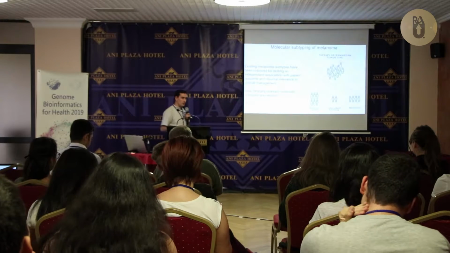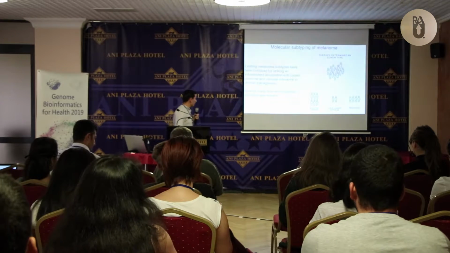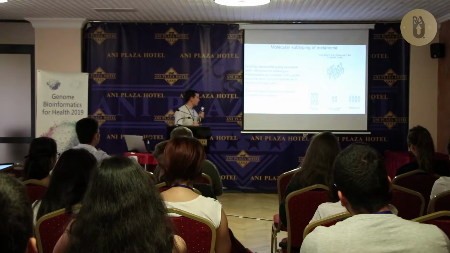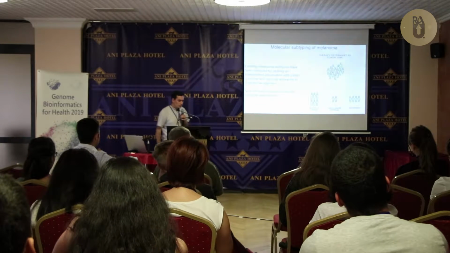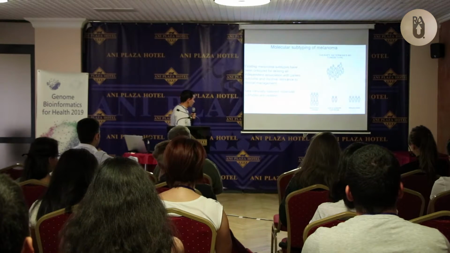Our colleagues had data of 80 samples, and they tried to extract some subclasses, to have new classification methods which can help to treat this cancer much better than now.